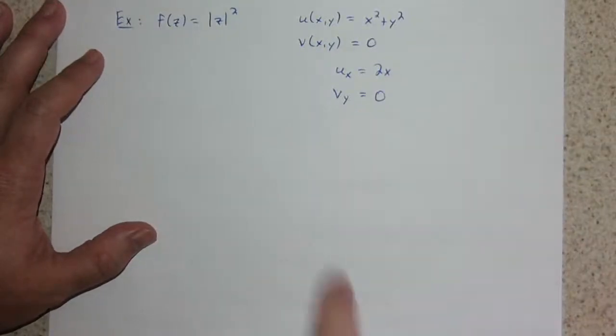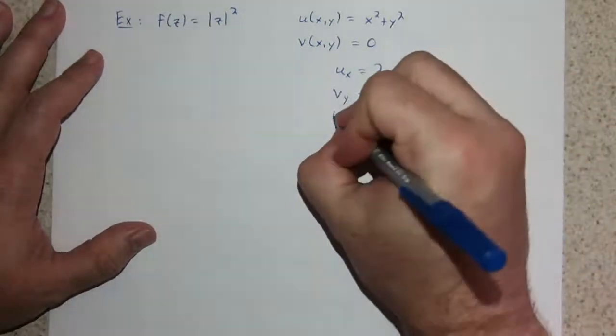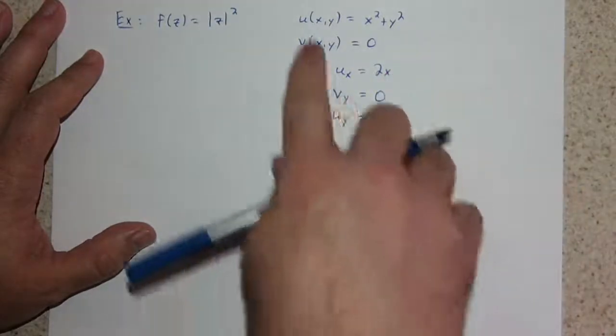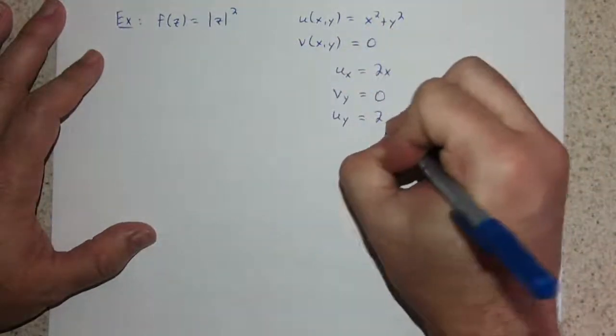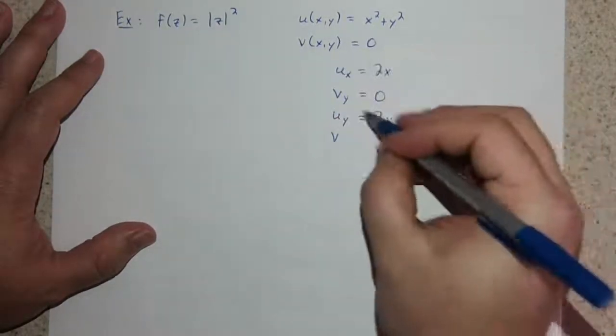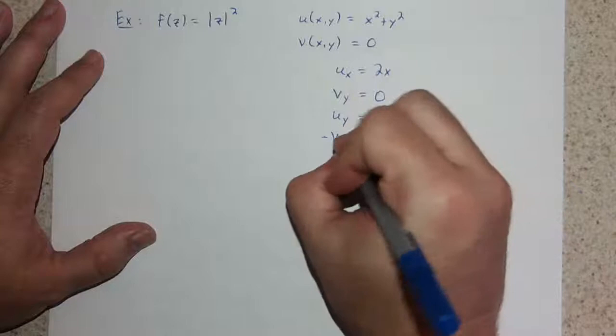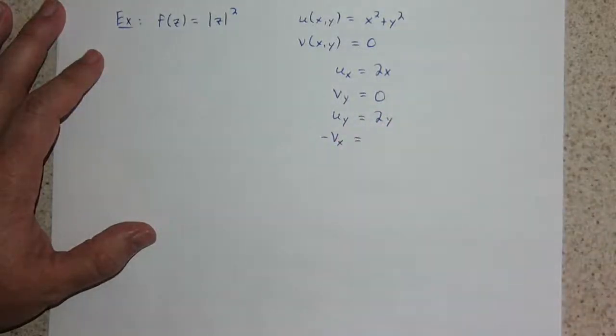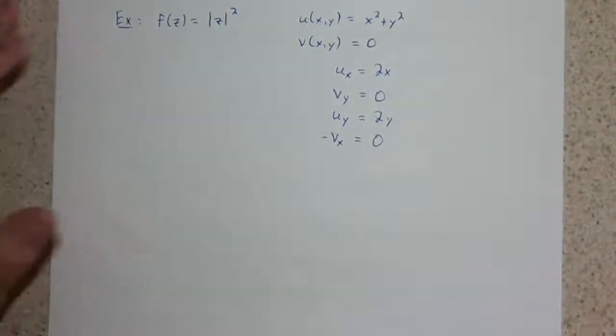Before I go on, I'm going to look at the y partial of u. The y partial of u is 2y. And minus the x partial of v is also going to be 0 because it's just a constant 0 function.